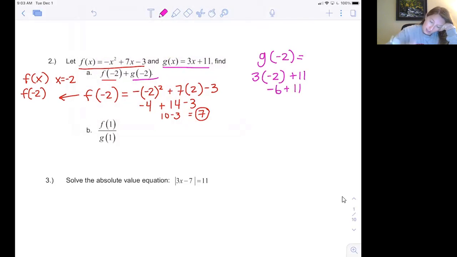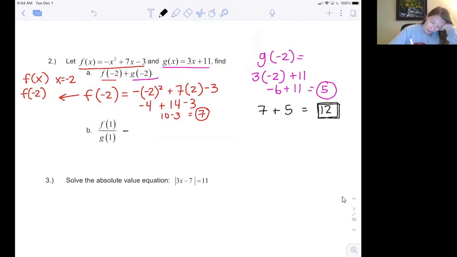So I've got negative 6 plus 11, which is, I don't have my calculator on me, positive 5, which is my g of negative 2. So now I'm just going to go 7 plus 5, which equals 12, which is the answer, right? Because what they wanted is f of negative 2 plus g of negative 2. So now I just replace these with my answers.